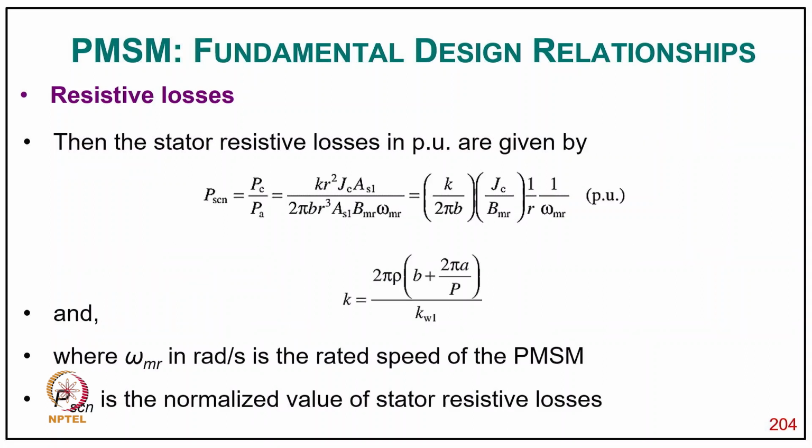Then the per unit resistive losses are given as PSN equal to PC upon PA, that is KR square JC AS1 upon 2 pi B R cube AS1 BMR omega MR, equal to 2K upon 2 pi B into J upon BMR into 1 upon R omega R per unit, where K is 2 pi P in bracket B plus 2 pi A upon P divided by KW1, where omega R is the rated speed in radian per second of the PM, and PSN is the normalized value of stator resistive losses.